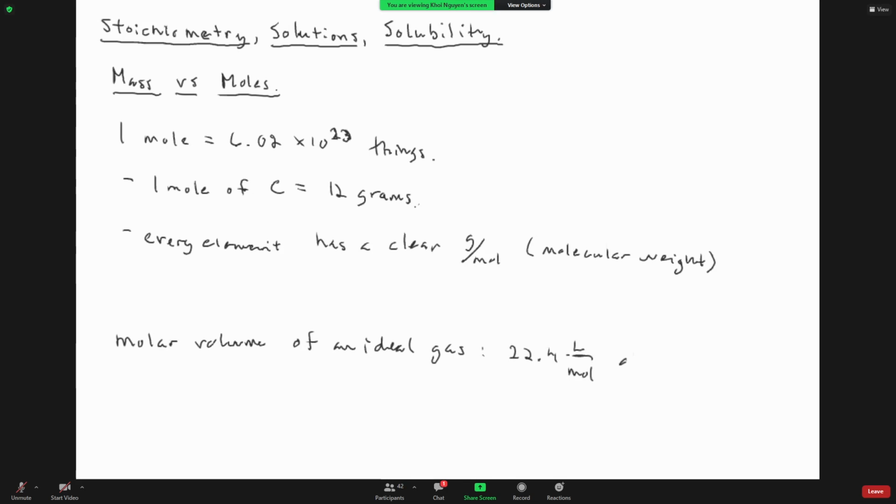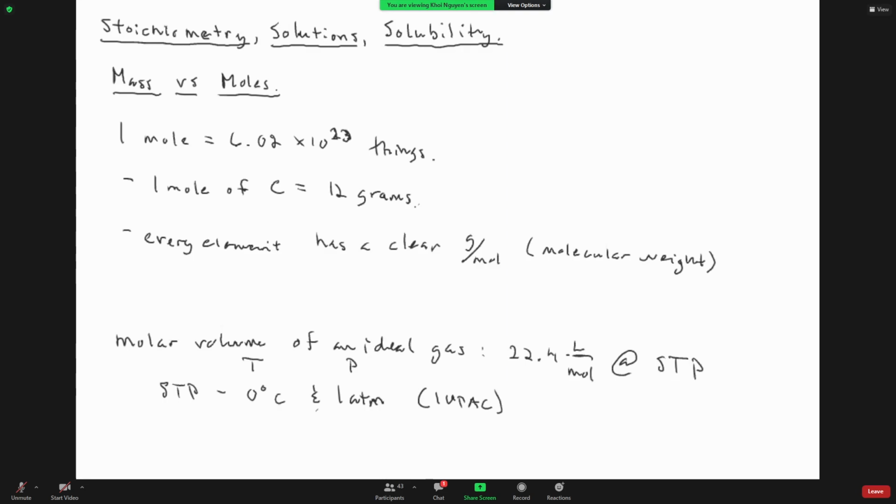And this is at standard temp and pressure, STP. By the way, STP is 0 degrees Celsius and 1 atmosphere for pressure. So this is the pressure, this is the temperature, okay? And this is the IUPAC definition for standard temp and pressure.